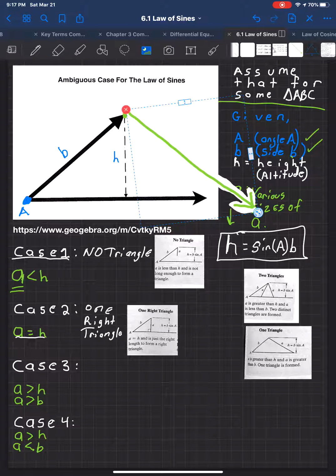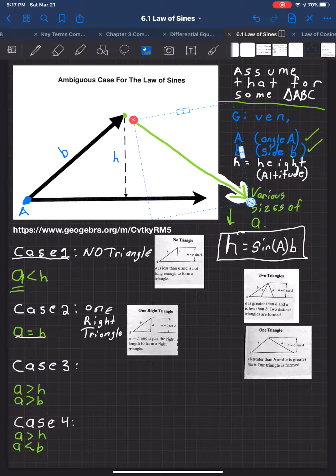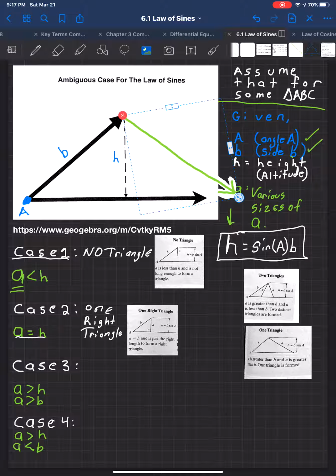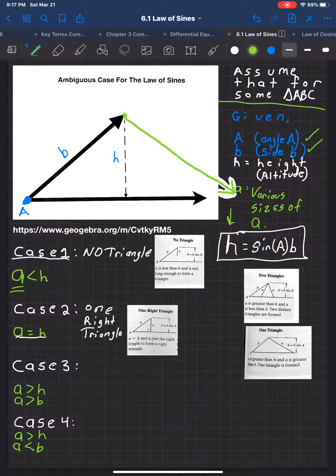Okay. So in this case, what is this going to tell us? In the scenario where the length of A is larger than the length of H, that means we do have a triangle. Since it's not equal, it's not a right triangle. It's going to be some type of oblique triangle. Now, because we've also said that side A is larger than side B, what are the consequences of this?